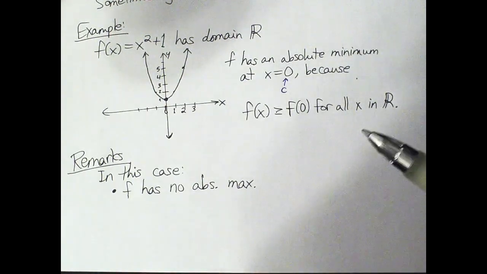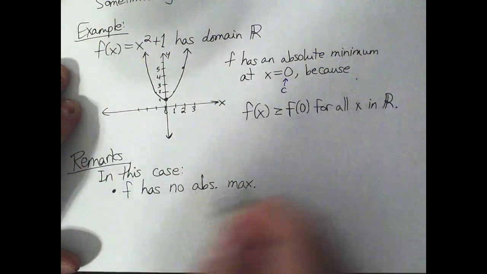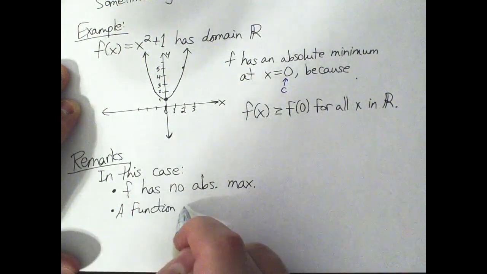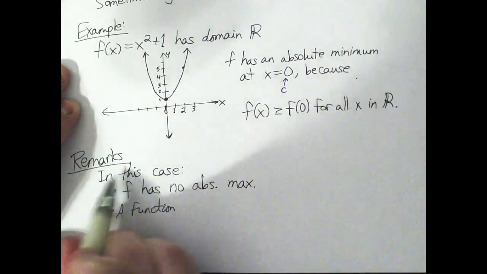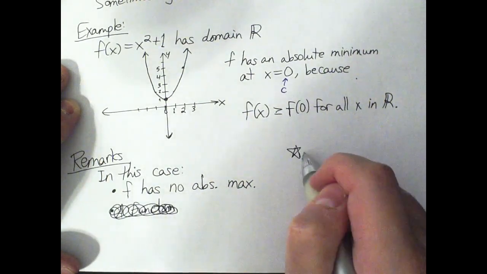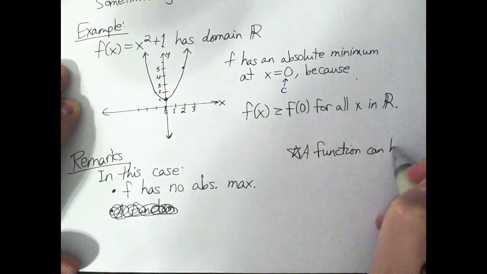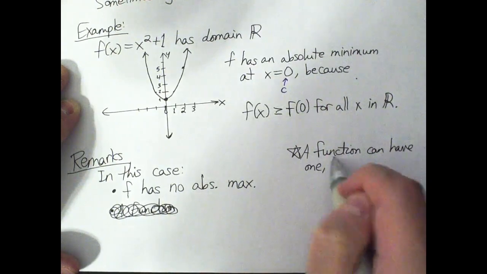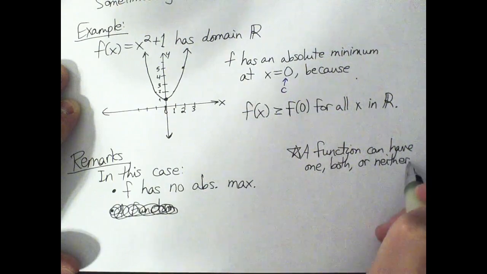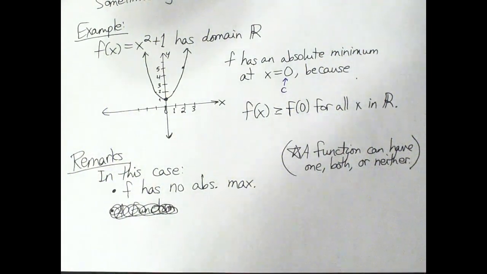So a function, and what I'm about to say is not just in this case, so I'll say it off to the side here. A function can have one, both, or neither. Do you see how a function could have neither? Can you think of a function that has no absolute maximum and no absolute minimum?